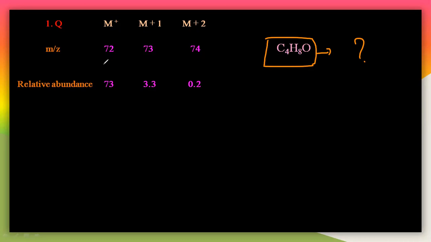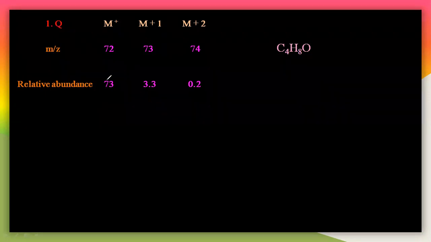So let us see first what we have to do here. First, you have to check whether the intensity of the molecular ion peak, the parent ion, is 100% or not.